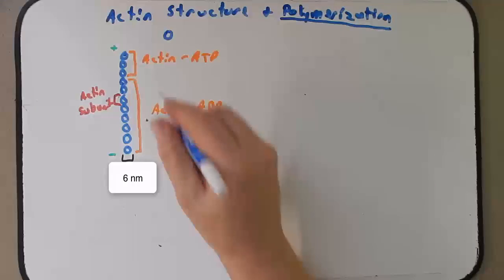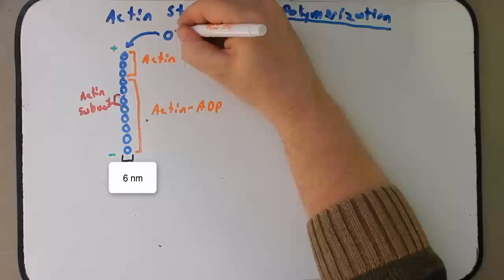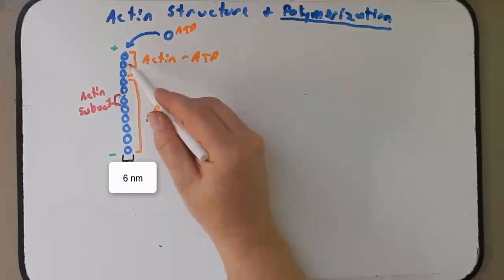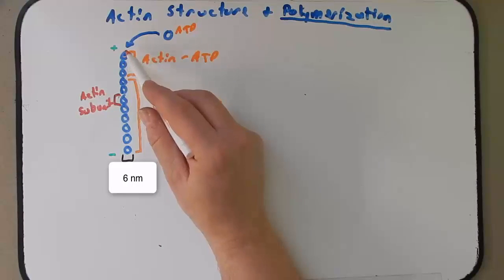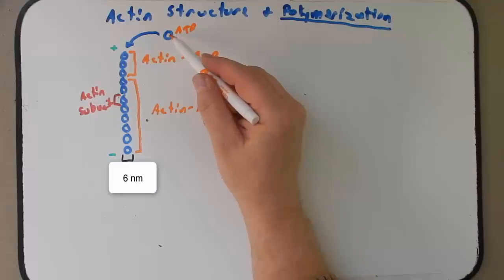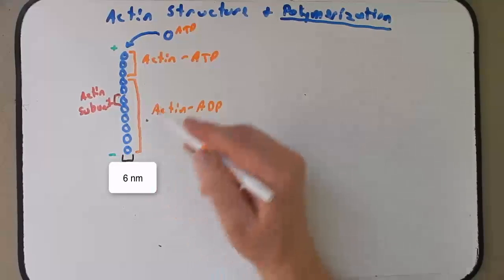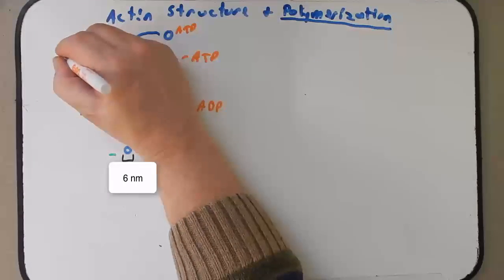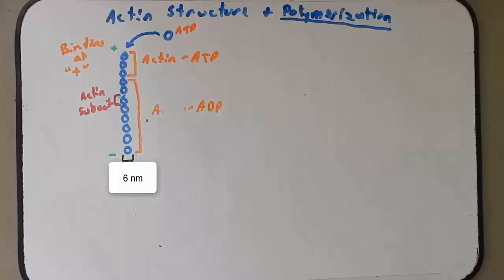Individual subunits, as they bind to this plus end, they will have ATP attached to them. And eventually that ATP becomes hydrolyzed as the actin attracts more and more subunits. Actin subunits could add both to the positive or the minus ends, but there is a strong preference to binding at the positive end of the actin filament.